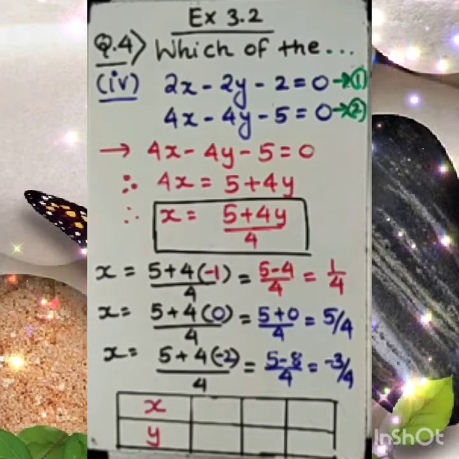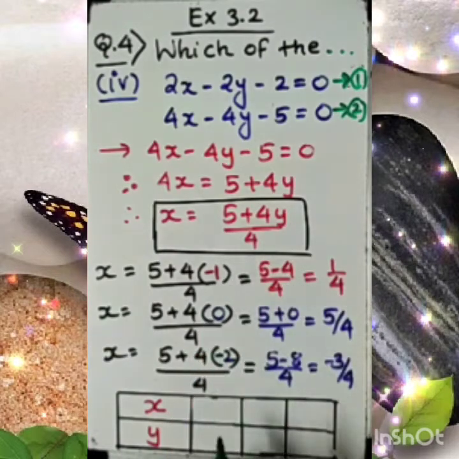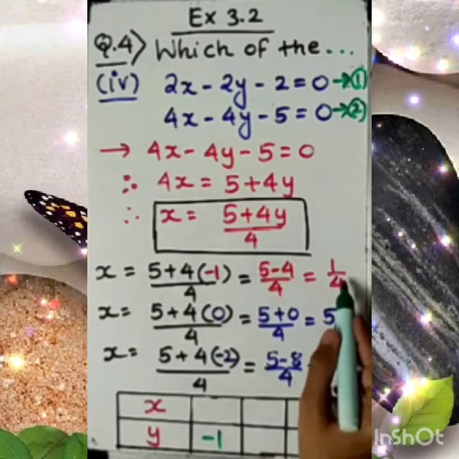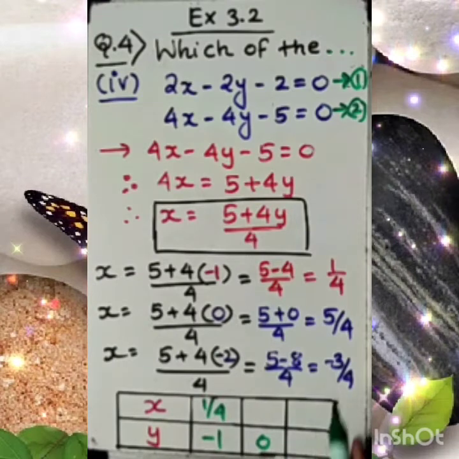Now be careful while dropping the values of x and y, because while solving equation number 2, in place of y I have chosen -1 and I got the value of x as 1 by 4. Same thing here, 0 I have chosen, so I am getting 5 by 4.